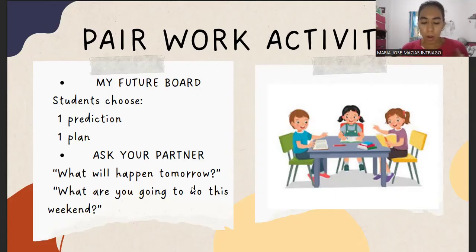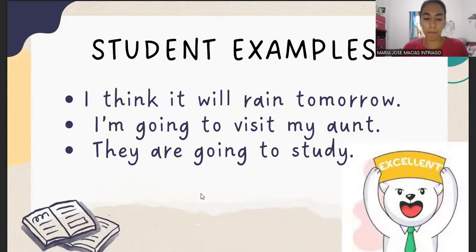Or what are you going to do this weekend? This helps students use the forms in real communication. These are examples of the sentences students produced.